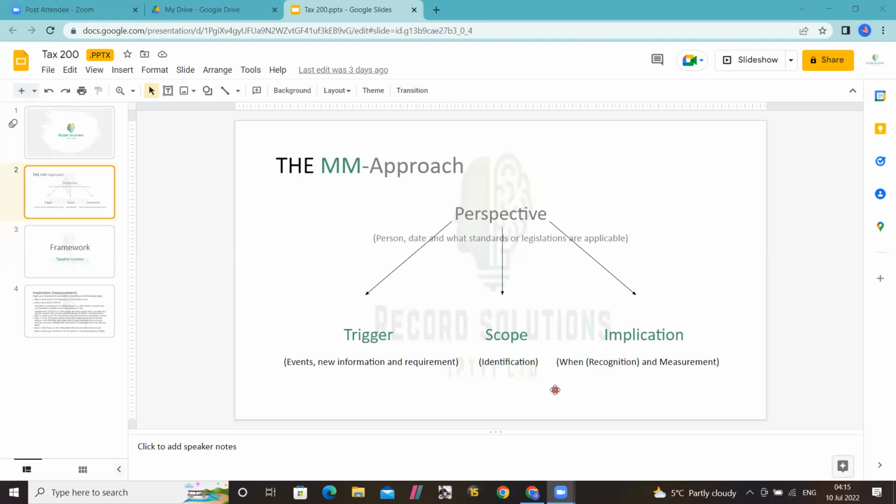And what's the implication? So when should we recognize this? Don't forget, for VAT we also use the accrual basis, so we account for it when it accrued to us. We know that these sales accrue to us during this VAT period, so we have to record it.